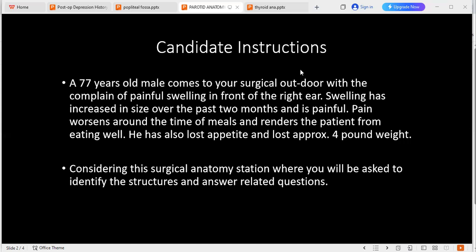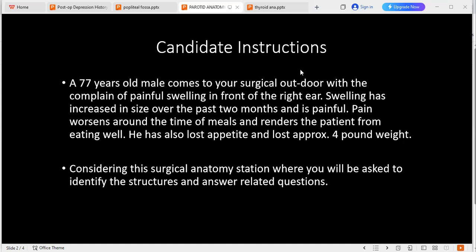Infection, parotitis and mumps in children. Could be tumor or infection, neoplasm or adenocarcinoma. Also common is obstruction because of stone, calculus of the parotid duct.